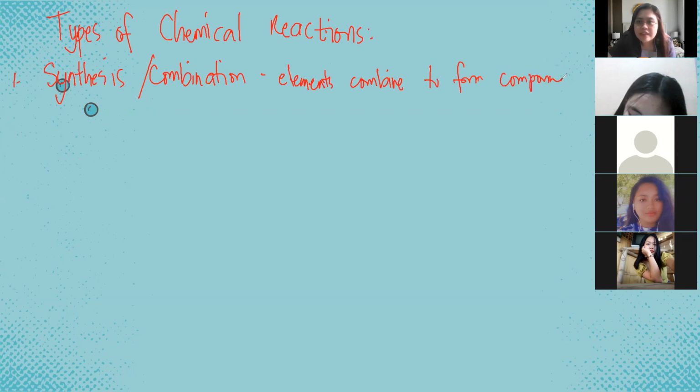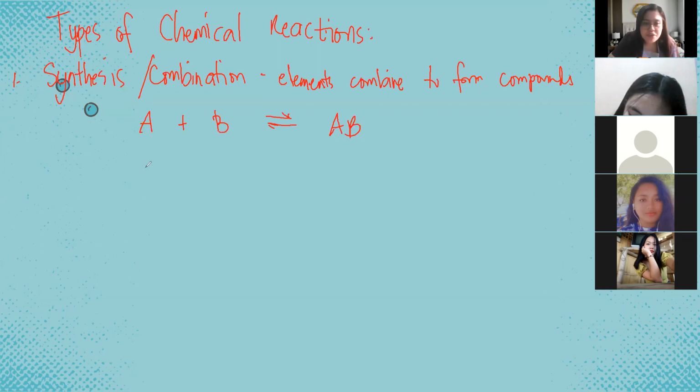That is why it is called a combination reaction or synthesis. So the general formula for this is you have one element combining with another element, to form the compound. Again, this one is to form a compound. So if you can see this type of reaction or equation, that will be under the synthesis or combination reaction.